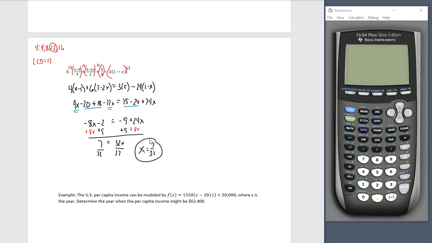Now, I'll be honest, this seems like a weird answer, so I'm going to use my calculator over here. I'm going to do 7 divided by 32, and I'm going to store it for x. And click enter. So this number, 7/32, is stored for x.